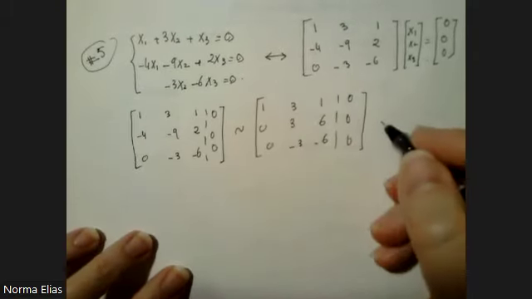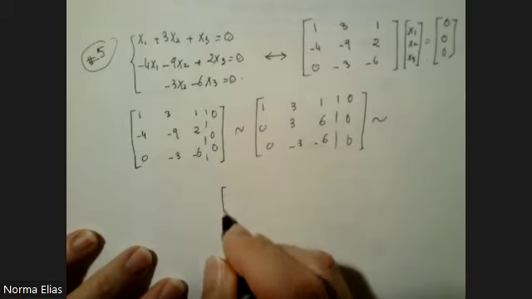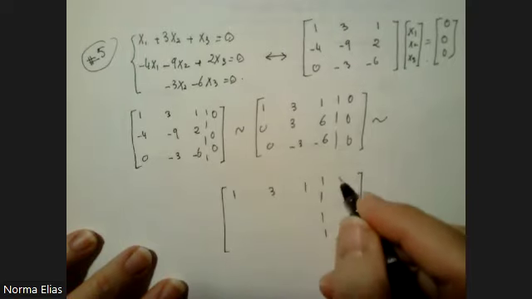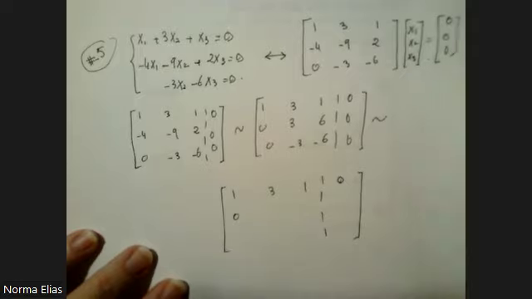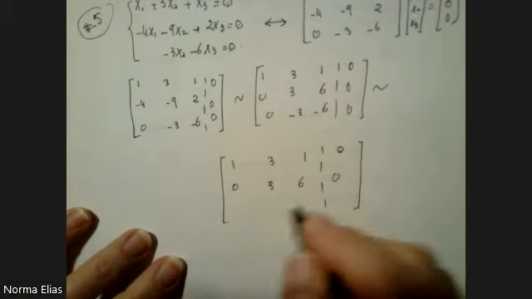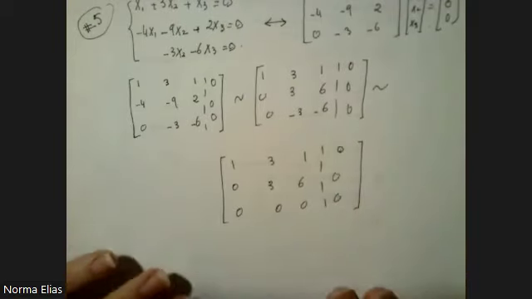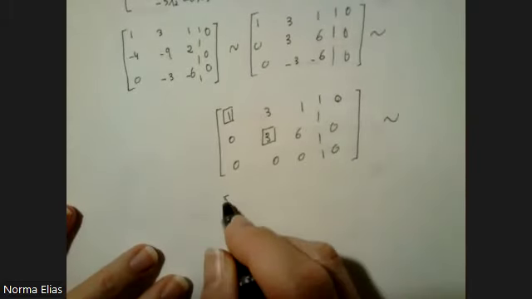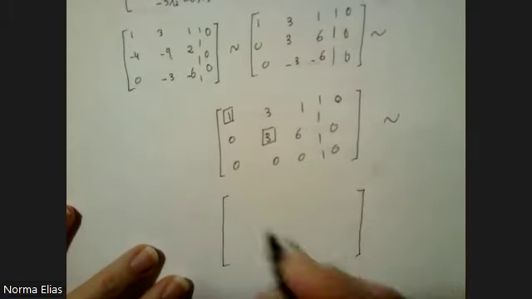One more operation, almost. If you do two operations in your mind, you will get 0, 0, 0. Okay, so this is my leading entry here, and this is a leading entry. I can stop here, or I can go one more step, and then I will have 1, 3, 1, 0, 0, 1, 2, 0, 0, 0, 0.